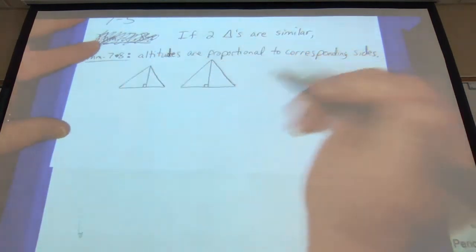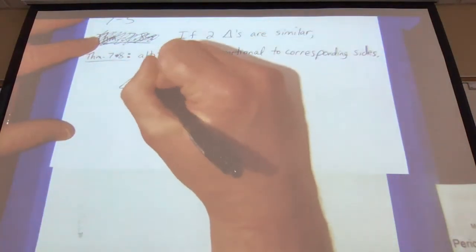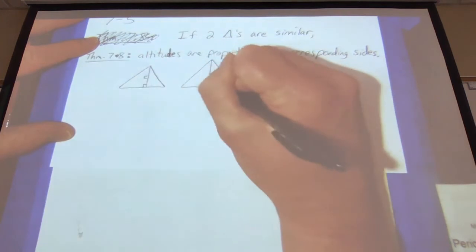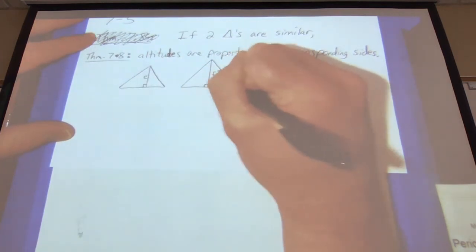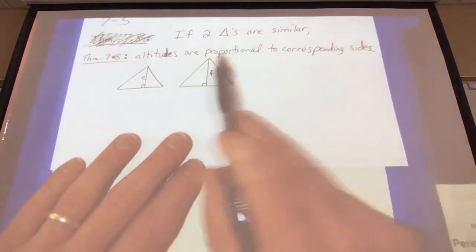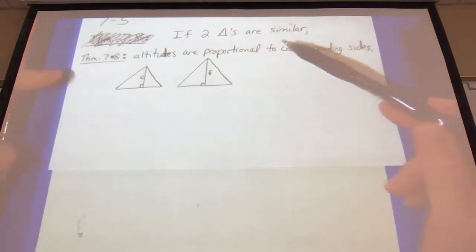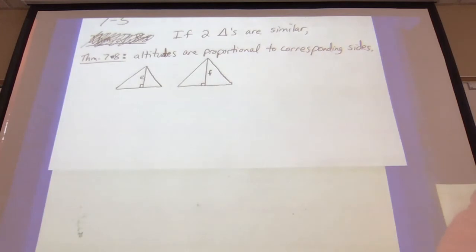And I'm going to start to use some different letters here. Let's call the altitudes E and F. And our theorem says the altitudes are going to be proportional to a set of corresponding sides. So they'll give you a set of corresponding sides on the triangle.